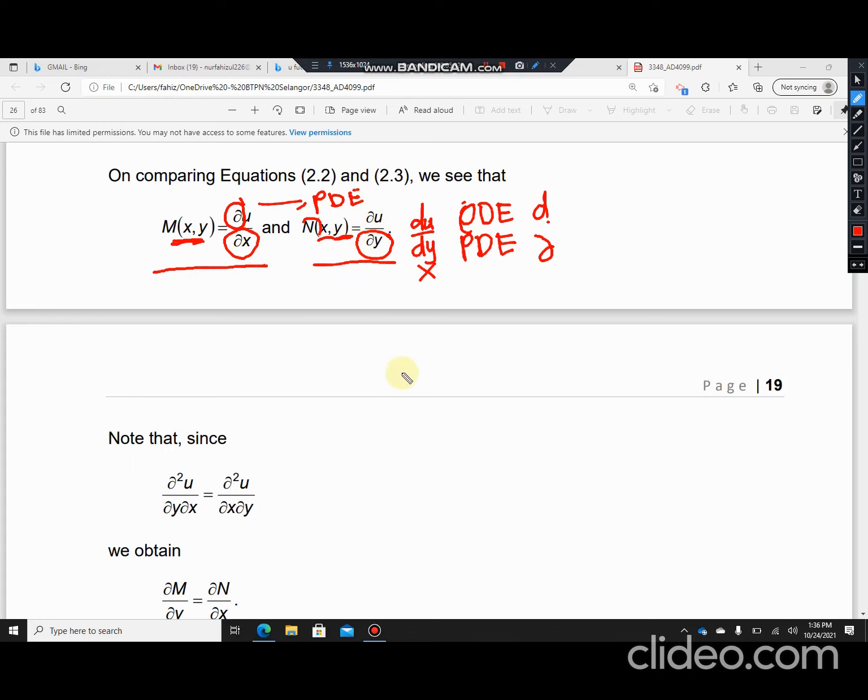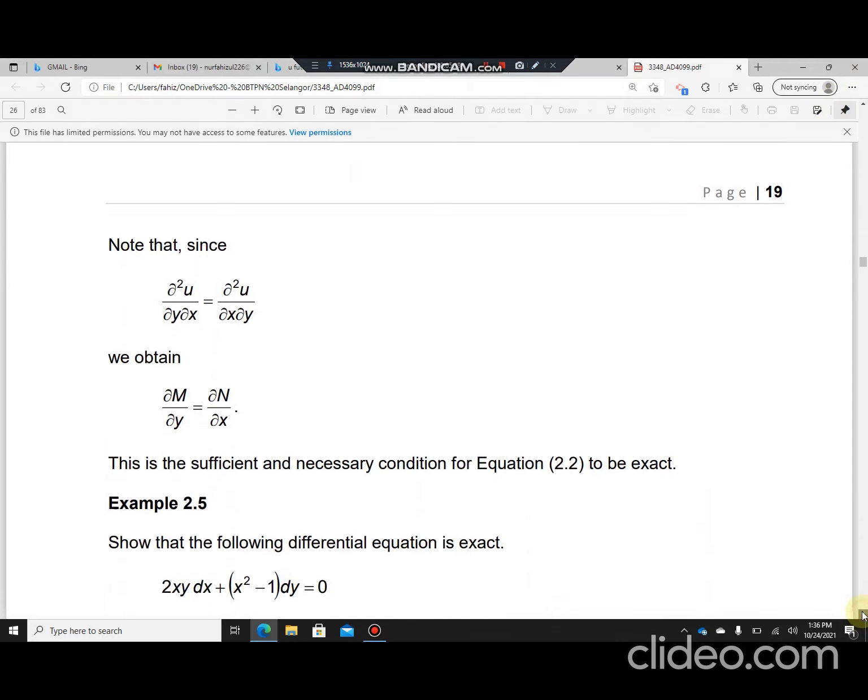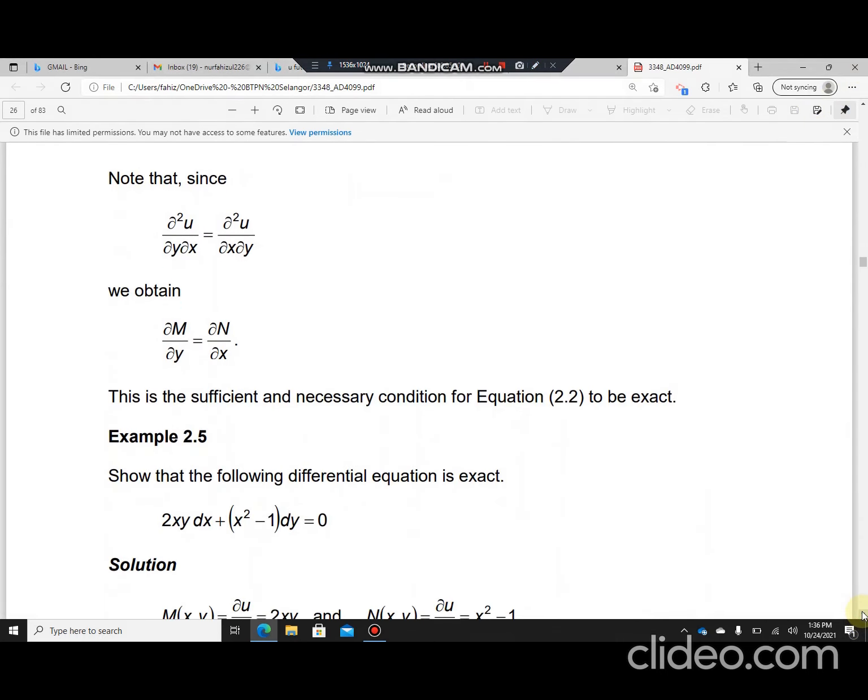Note that here we also have the second derivative, which is ∂²u/∂y∂x equals ∂²u/∂x∂y.